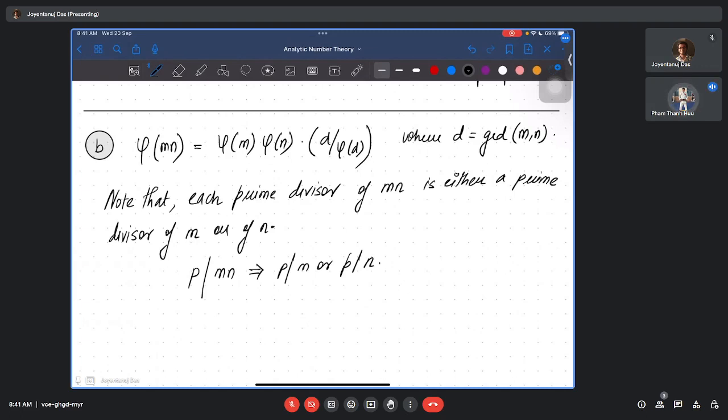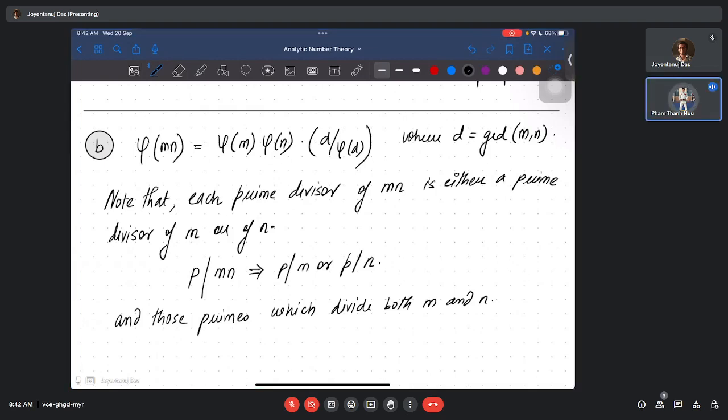So there are two types of primes: primes which divide one of m or n, and primes which divide both m and n.